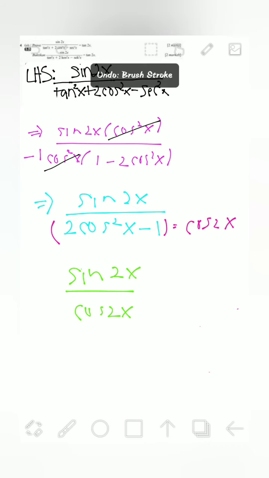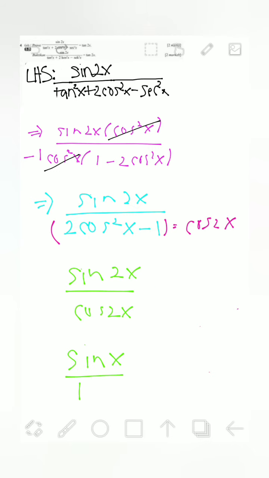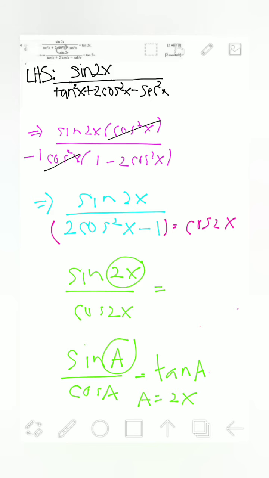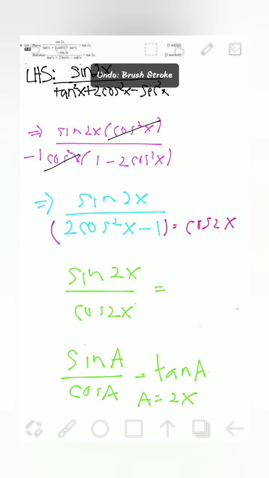We know that sine x over cos x is equal to tan x. I can use another variable to avoid confusing you guys. So sine a over cos a is nothing but tan a, according to trigo identities. If I substitute a equals 2x, then 2x becomes this, and 2x becomes that.